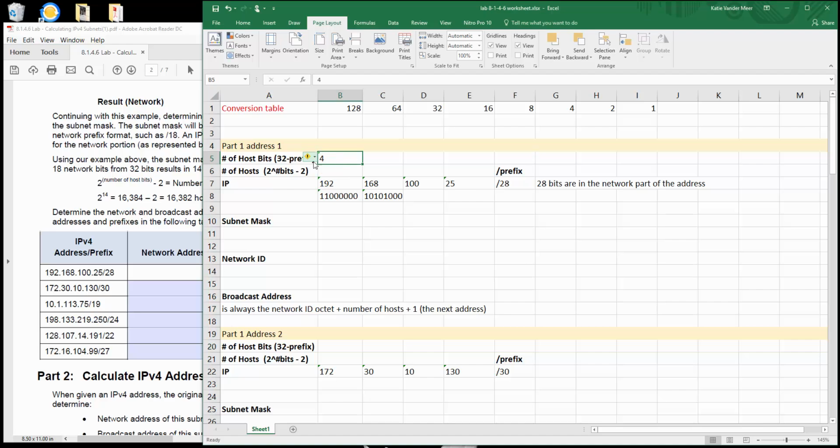Okay, 32 minus 28. The other way to figure that, or from that, we can also figure our subnet mask. So if I have 28 that are part of the network, that means my subnet mask is going to be 28 ones in a row. So there's 8. Here's 8 more.